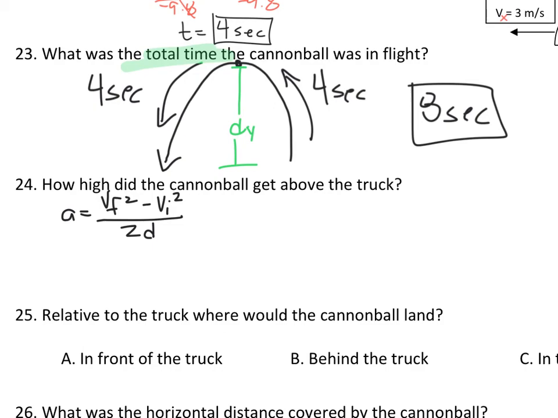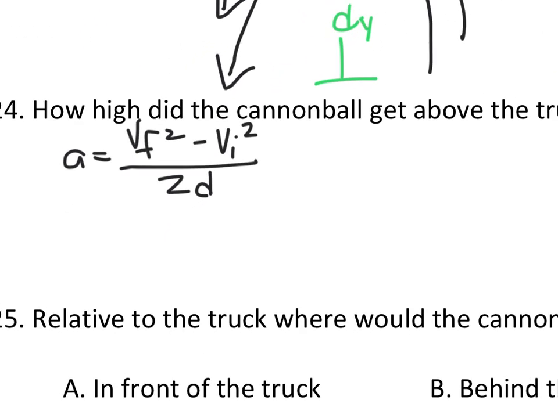When I plug everything in, I'm going to zoom in just a little bit here. When I plug everything in, I get negative 9.8 equals 0 squared, the velocity at the top, minus 39.2 squared, divided by 2 times d.